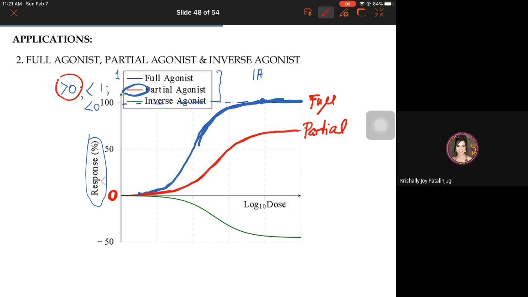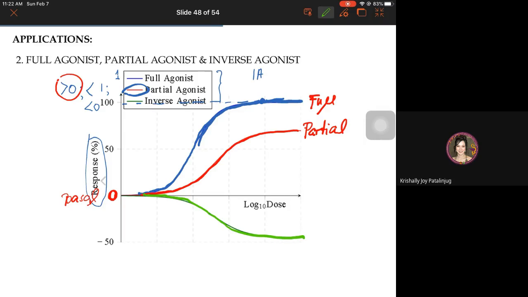And for an inverse agonist, recall that we quantify its intrinsic activity, quantal unit, as less than 0. That is why, from the basal activity, the plotted inverse agonist curve is below 0.